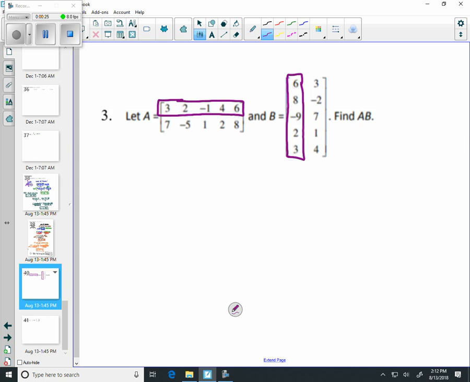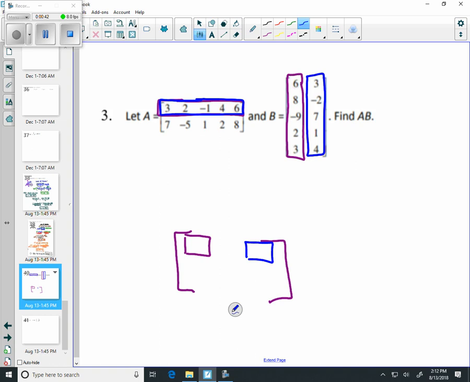So if I'm going to make my answer here, it's going to go there. This row by this column is going to give me an answer here. So all of those digits that you see are going to give you those two answers.